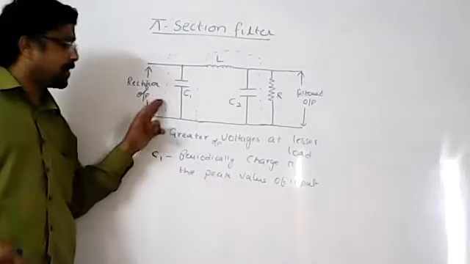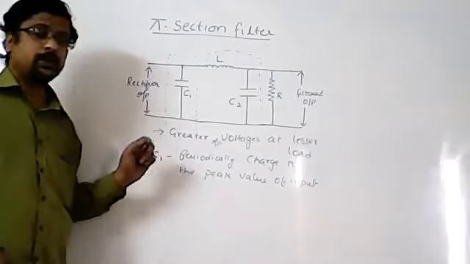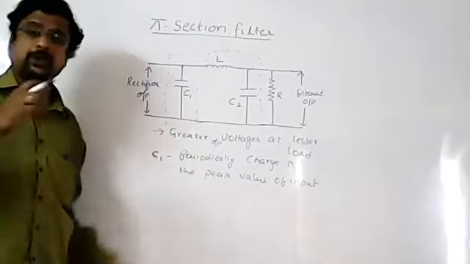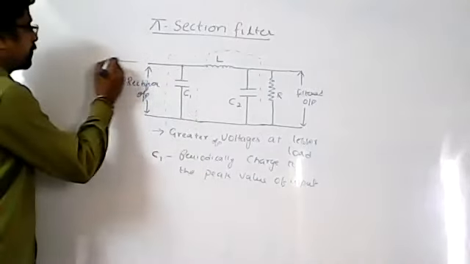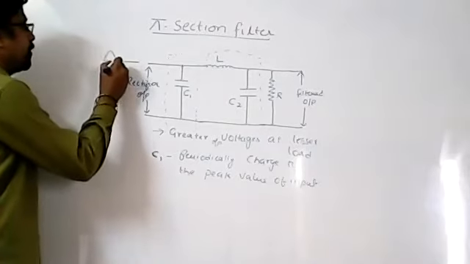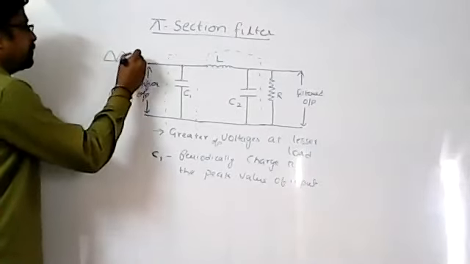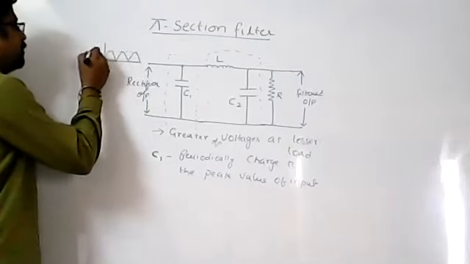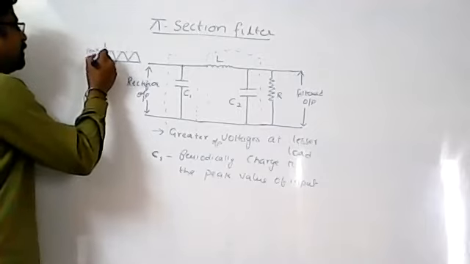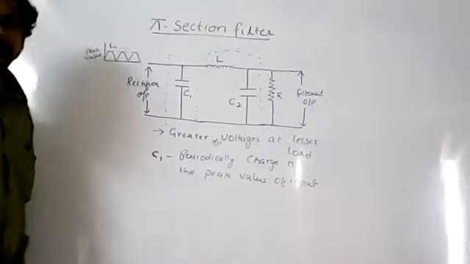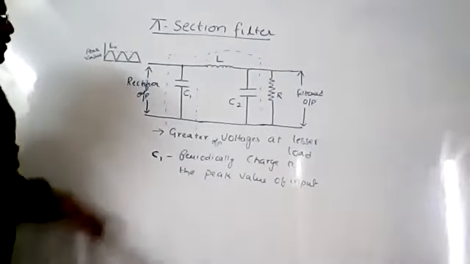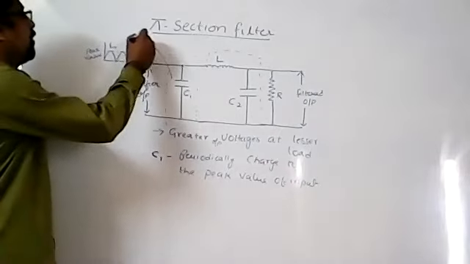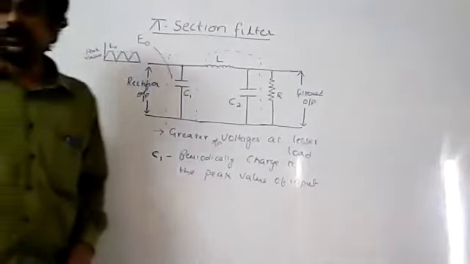That means whatever input you are getting from the output of the rectifier, C1 will be charged to the peak value of that signal. For example, the output of a full wave rectifier will be like this. This value is called the peak value, generally we say E0. So this capacitor will be charged to the peak value of the input signal, that is E0.